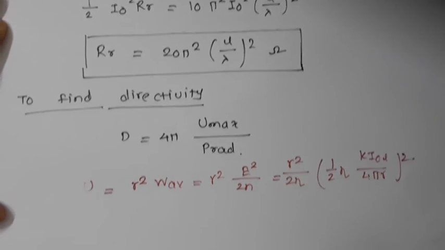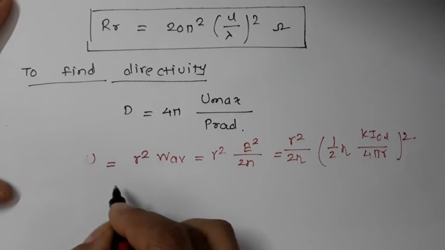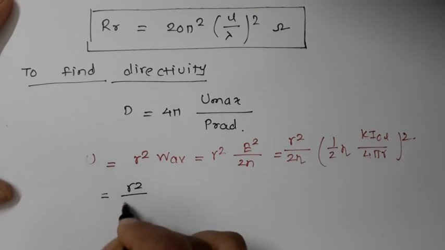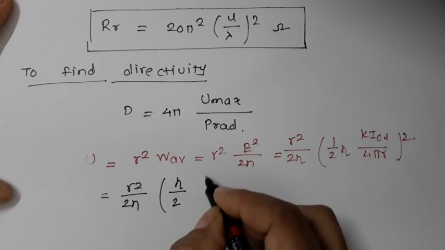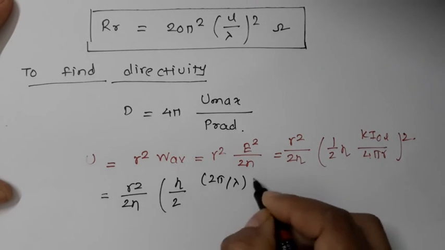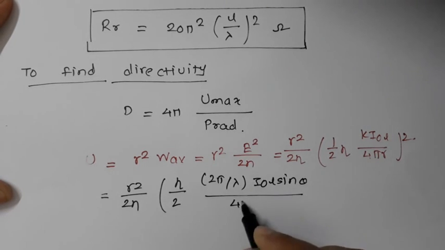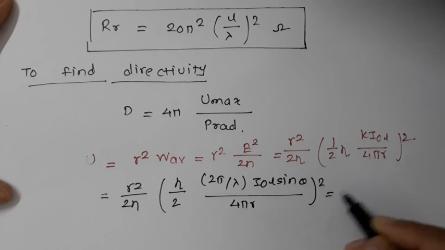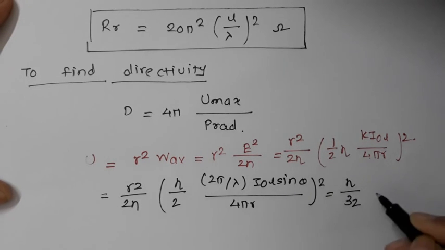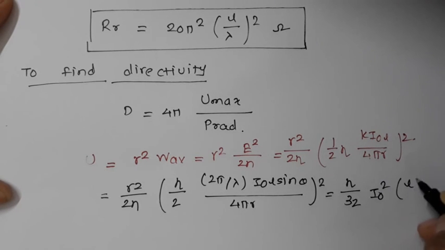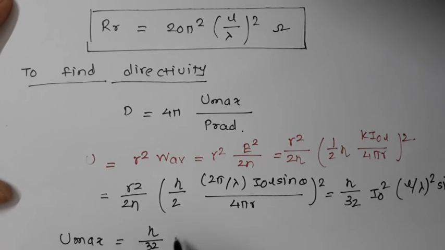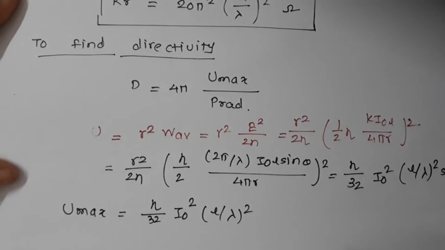Further solving, this is equal to η by 2 (2π by λ I0 L sine θ divided by 4π) squared, which comes to η by 32 I0 squared (L by λ) squared sine squared θ. Now U max will be η by 32 I0 squared (L by λ) squared, where I am assuming that sine squared θ is 1 to get U max.